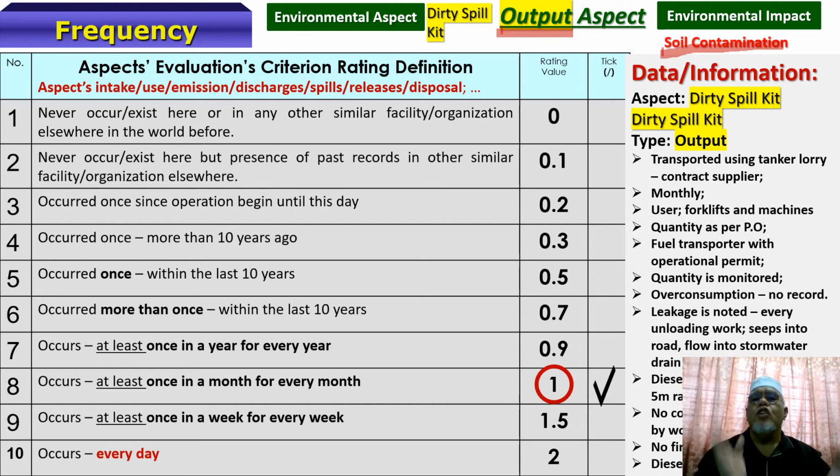Meaning there is no improvement to reduce the spillage. So for that reason, since the frequency is every month, there you are, this environmental aspect spills once in a month. Why? Every time there is a transfer of diesel, there is a spill, and the spill volume does not reduce. The same amount of spill kit is being used, the same number of adsorbent.